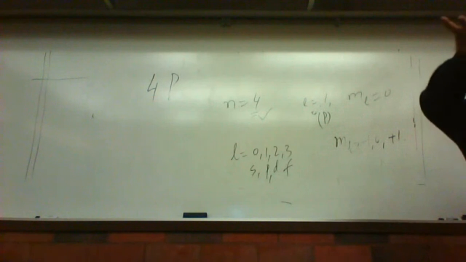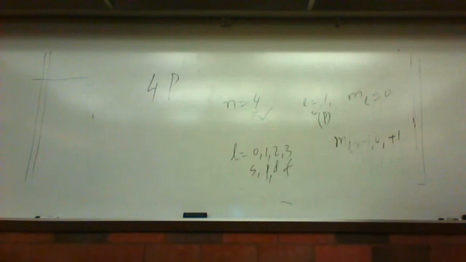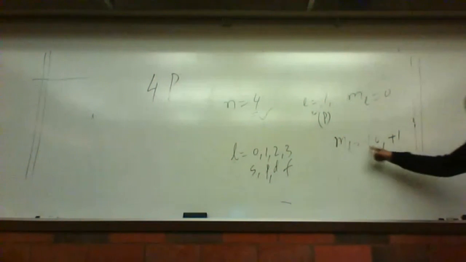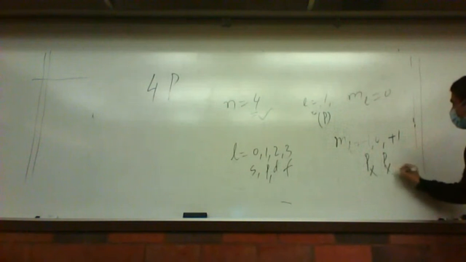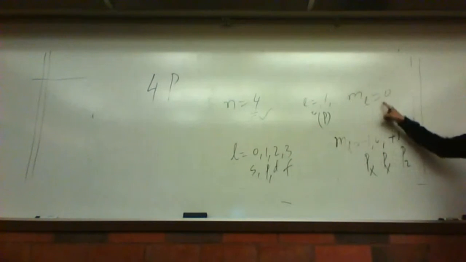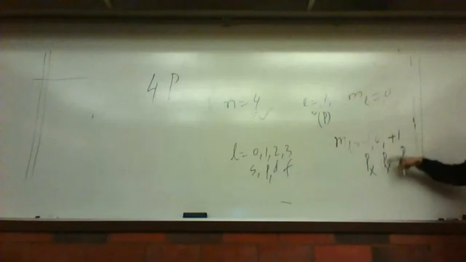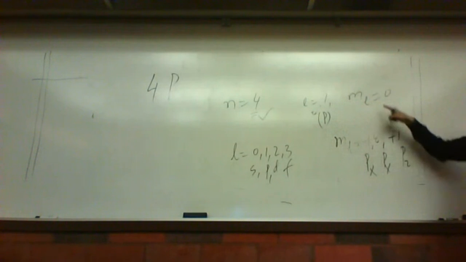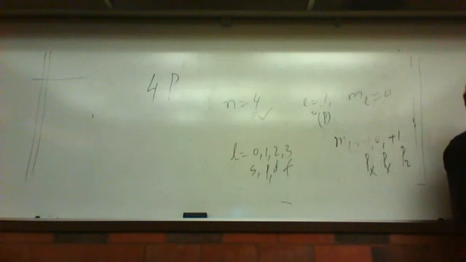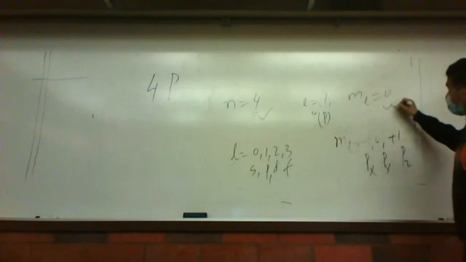One is oriented toward X, another toward Y, another toward Z. So one may be PX, another PY, another PZ. It's definitely one of those. Out of those 3 P's, one is this one, which is good. Make sense?